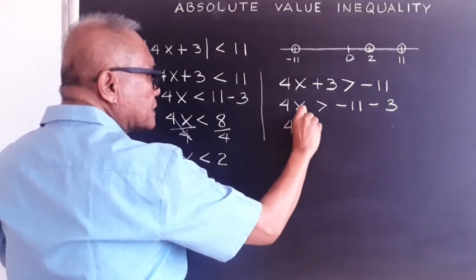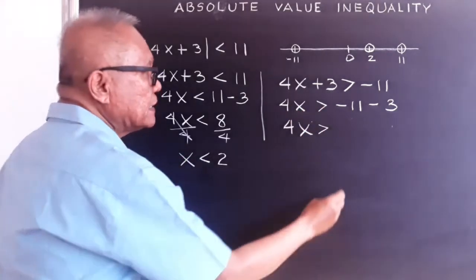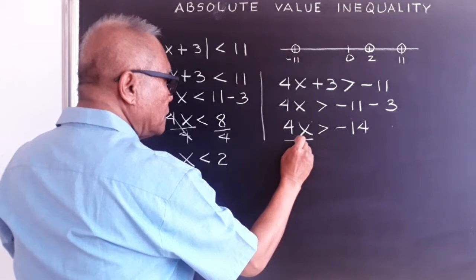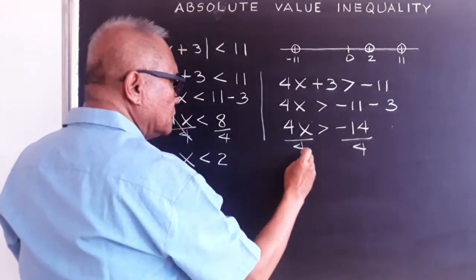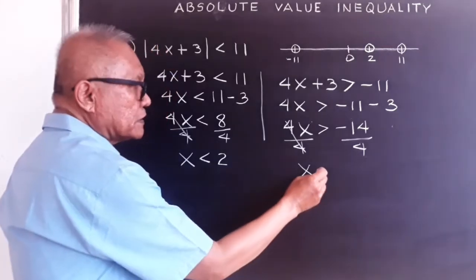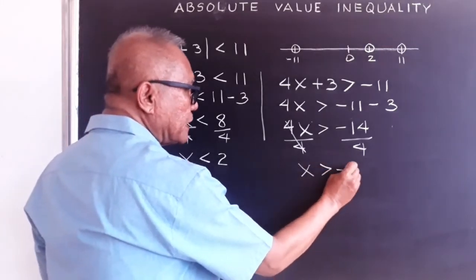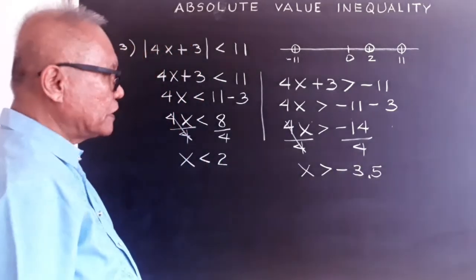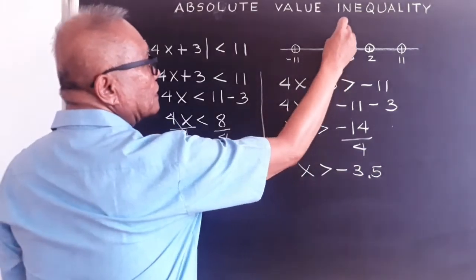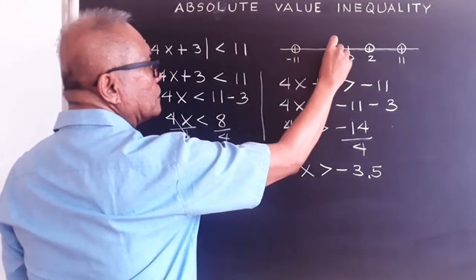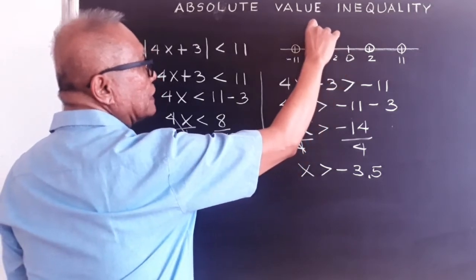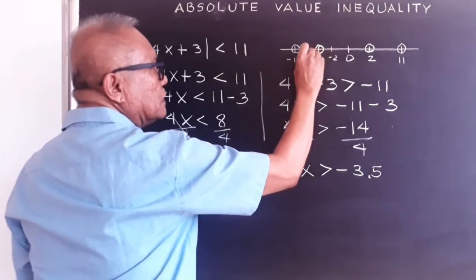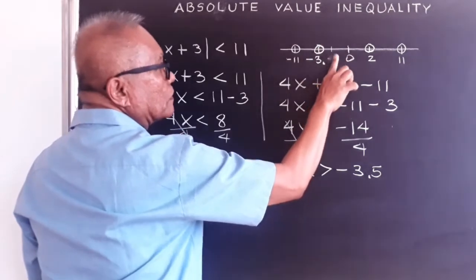So 4x is greater than negative 14 over 4, cancel, and x is greater than negative 3.5. Okay, where is that negative 3.5? So for example, this one is negative 2, negative 3. So let us say this one is negative 3.5.